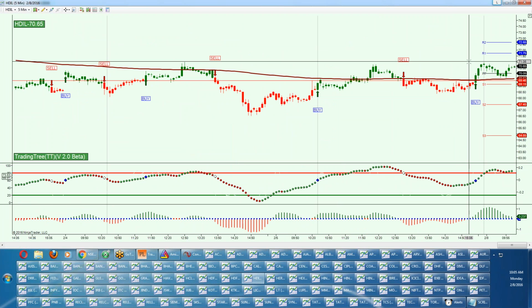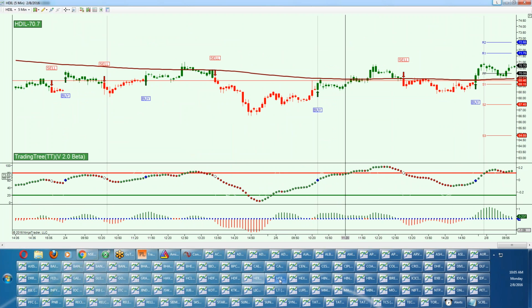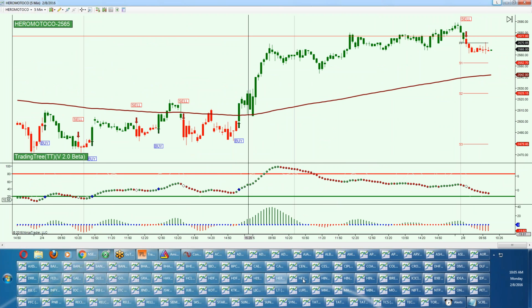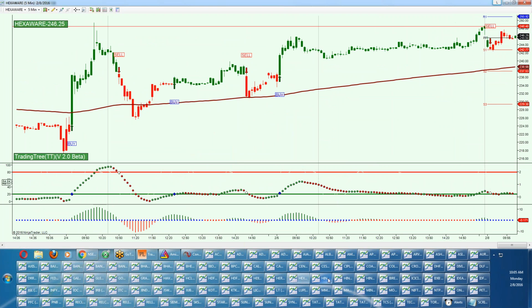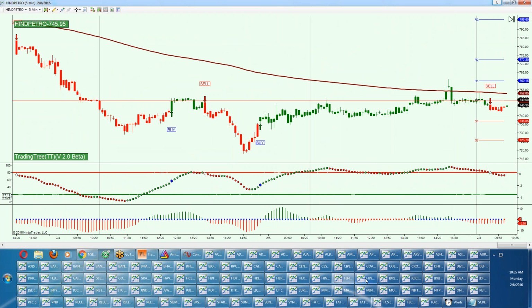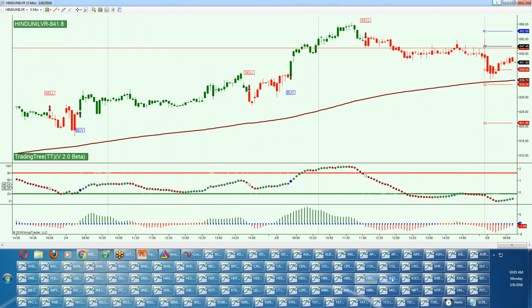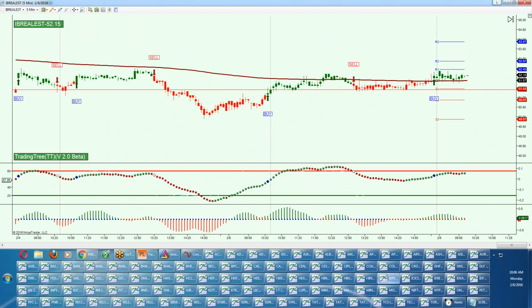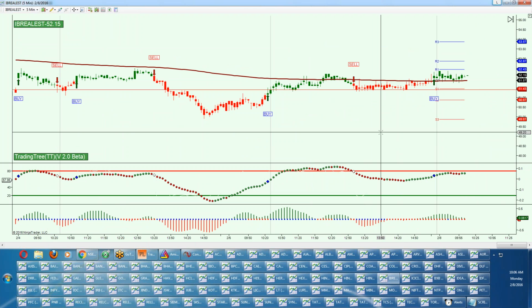HDIL, we can buy it at this price, 71. So IB Real Estate, you can buy above R1, that is 52.50.